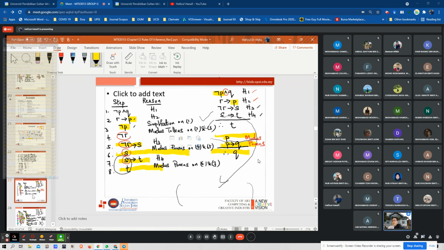Okay, because we negate, and then for the 4 negate R, and then we have H3, and then modus ponens on 4 and 5. Okay, because we eliminate what we eliminate. Okay, and then H4 modus ponens on 6 and 7.